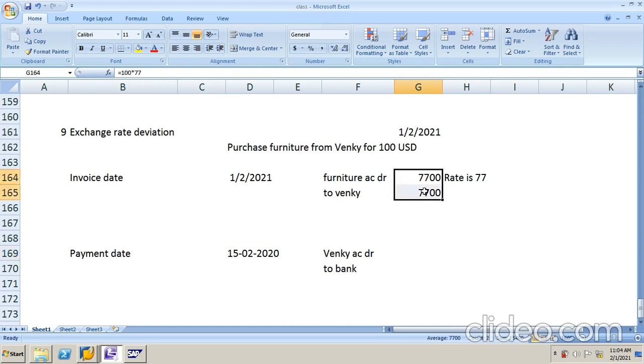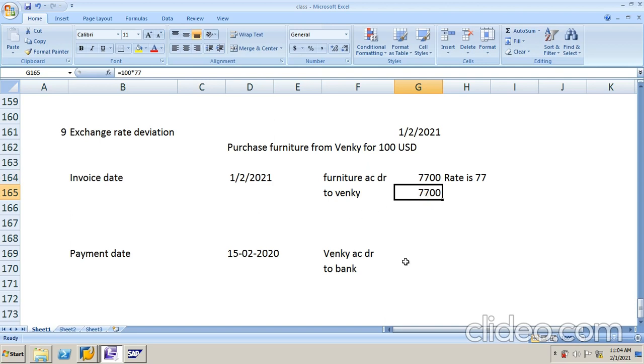When I record, the rate is 77. In SAP there is a default program, and every day the exchange rates are taken automatically. Even at the time of creating the invoice we can also give the exchange rate manually. So at the time of the invoice we have recorded 7,700 rupees.